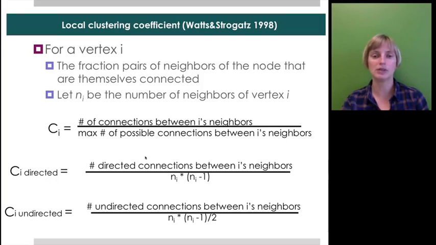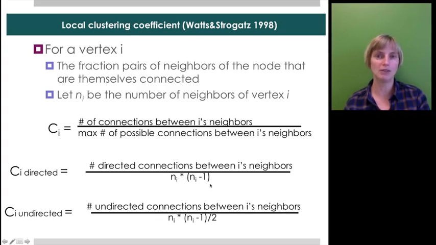And the denominator here is going to differ by whether this is a directed network, in which case if you have n friends, the number of potential connections between them is n times n minus 1.